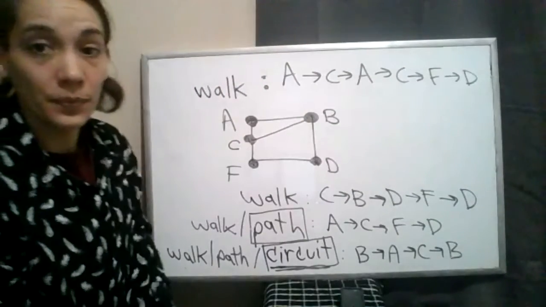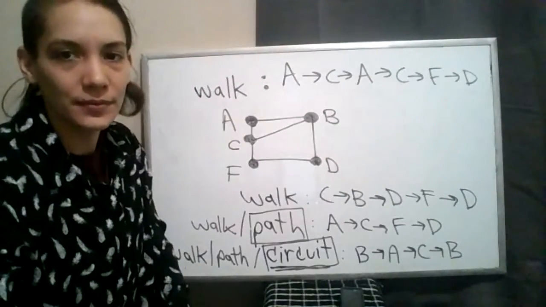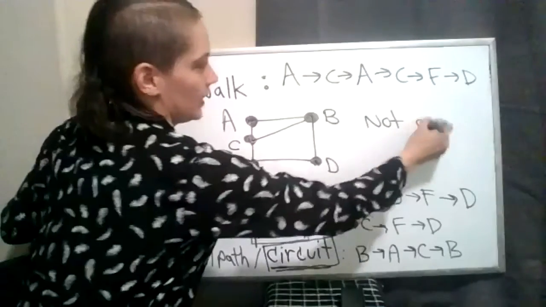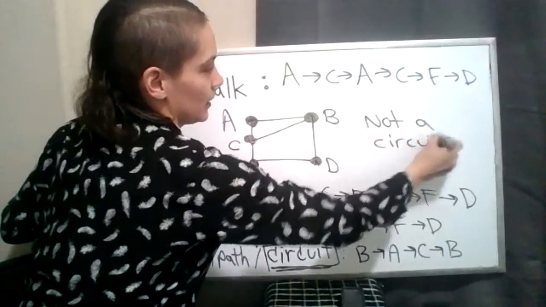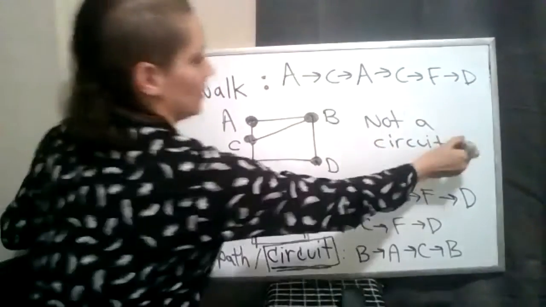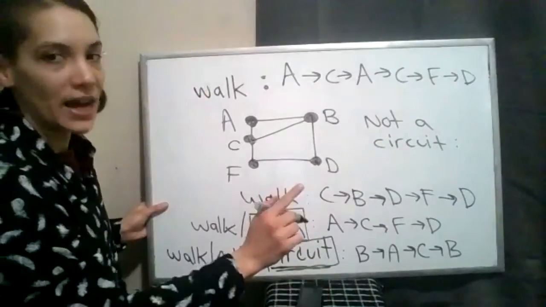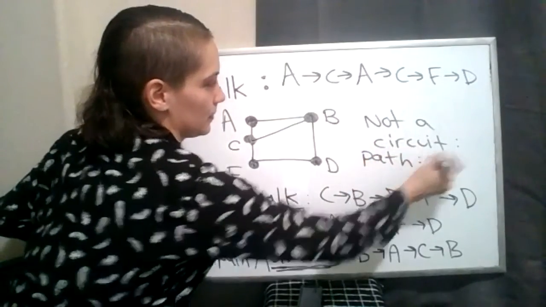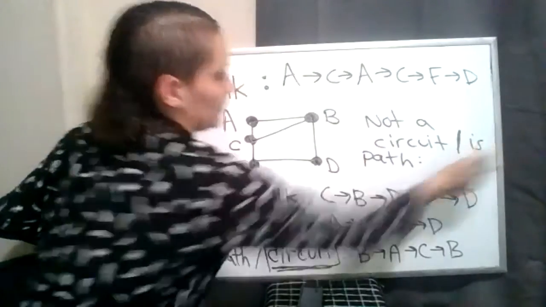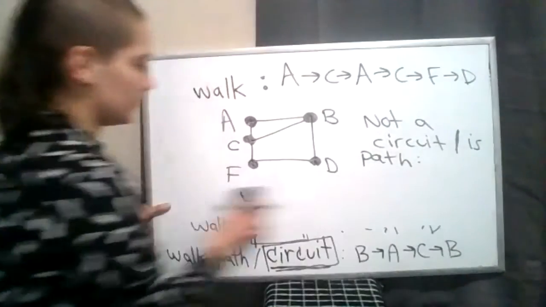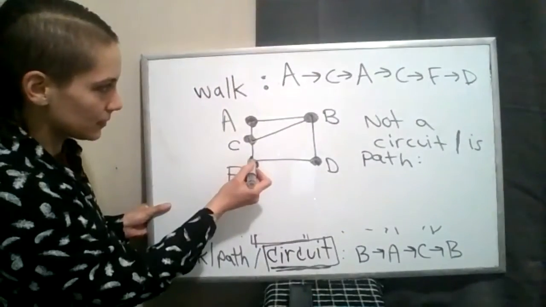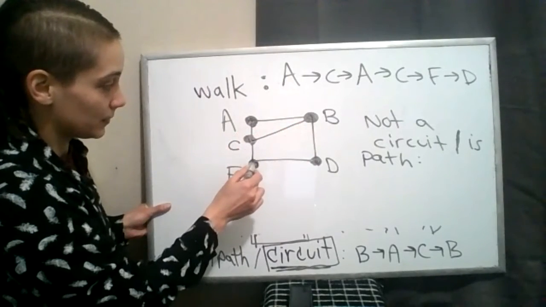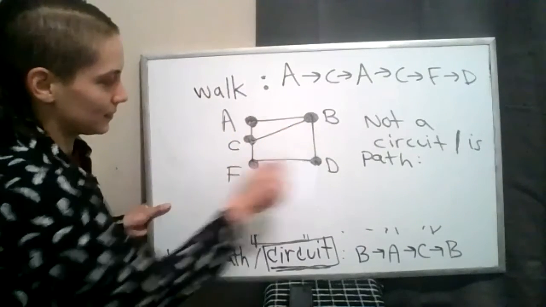Professor, can I try to create an example of something that wouldn't be a circuit, but it would be a path? Yeah. Okay. Oh, but it is a path. So like if you had one going in circles, like A B D F A B D F, but it would be reusing it.